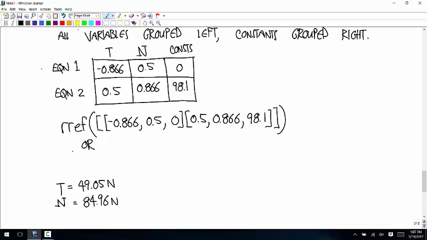You can enter this. I think maybe it's only with the TI-89 that there is RREF, and you enter the matrix as a square bracket. To go across the row, you separate with commas again, and then a semicolon to change to a new row.